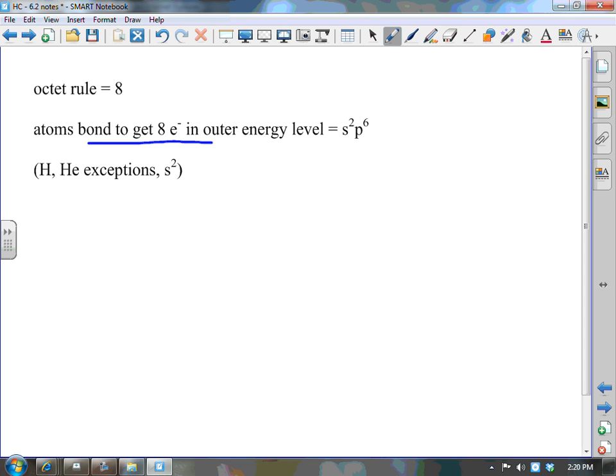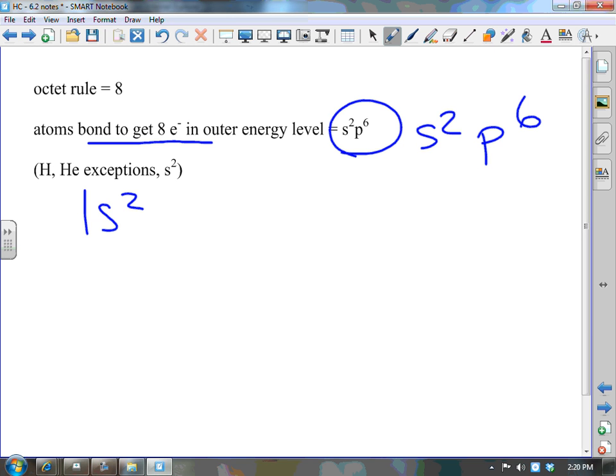What determines that? It's s2p6. For an atom to be stable in a chemical, it wants to somehow have the arrangement of s2p6 in its outermost shell. The only exception to that rule is going to be helium and hydrogen. They're only ever going to want 1s2 to be filled. And actually helium, a noble gas, is already 1s2.